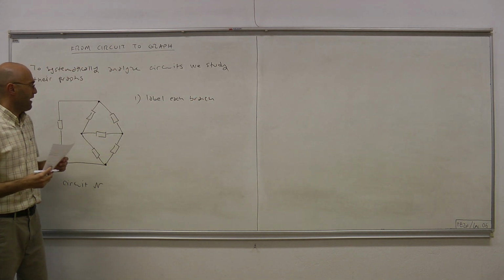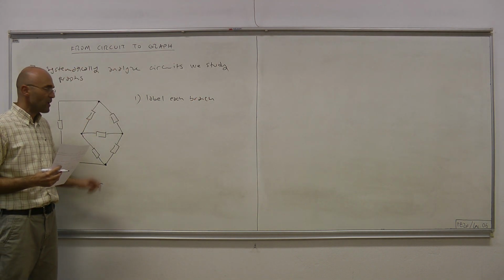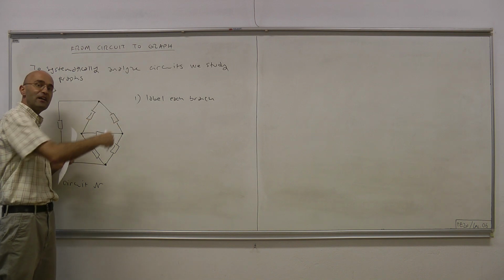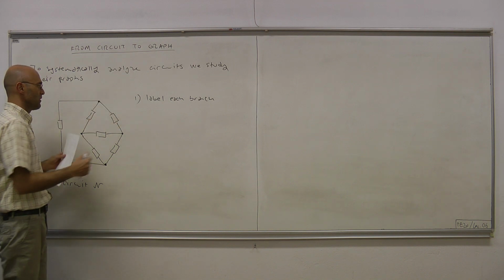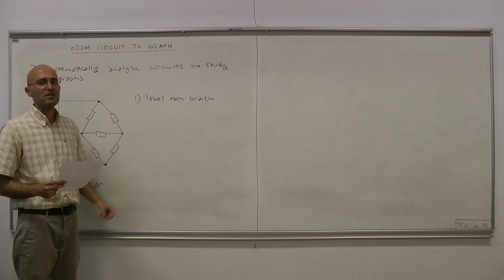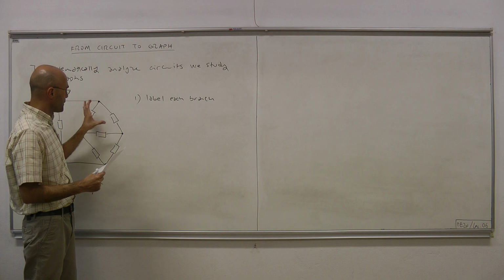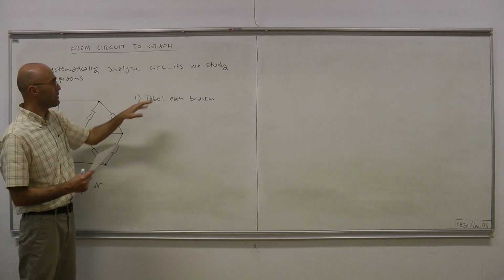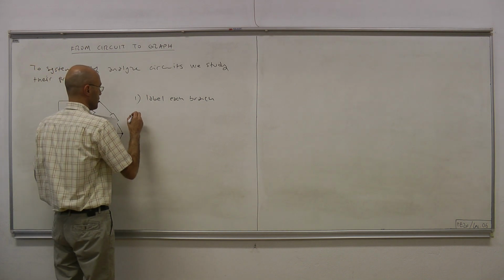Okay. Now, note that all these components are two-terminal or single-branch components, and when we talk in terms of graphs, we represent each of them by a branch. So label each branch.